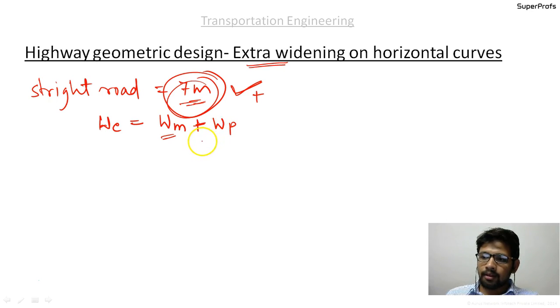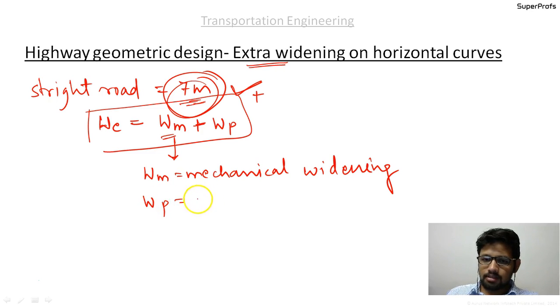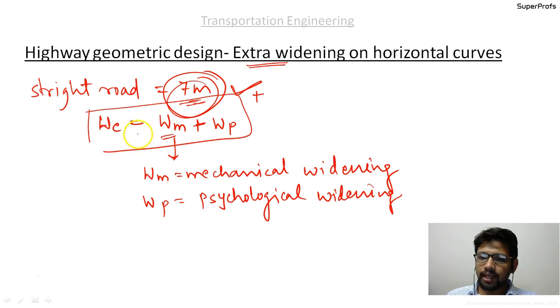So the extra width provided is Wm plus Wp, where Wm is mechanical widening, and Wp is psychological widening.